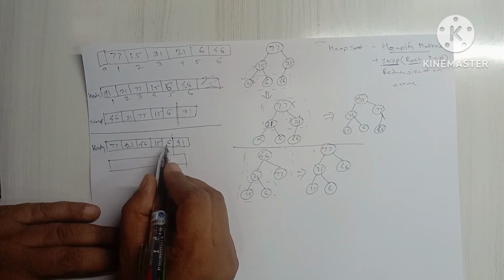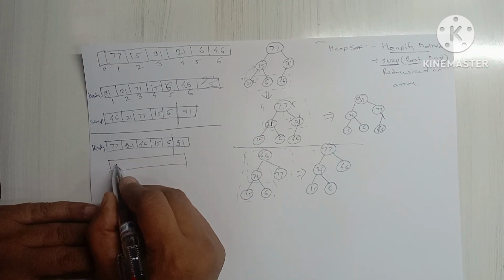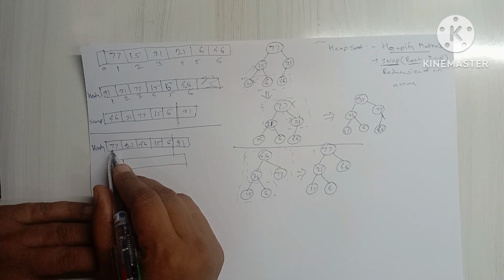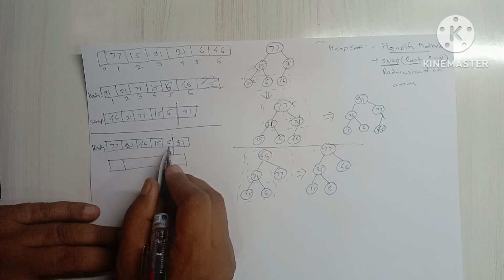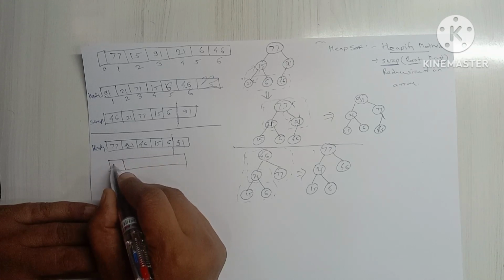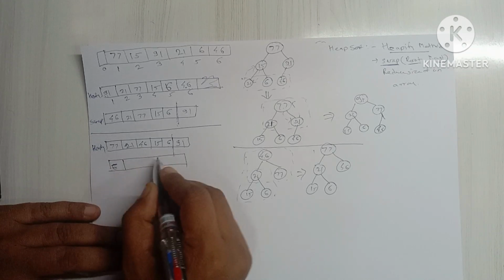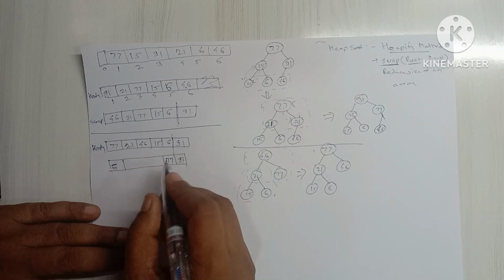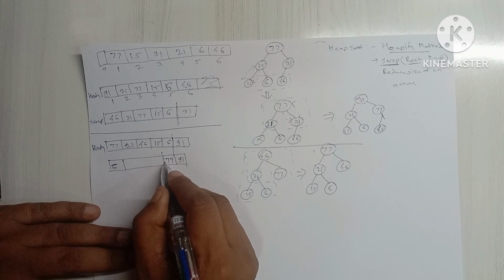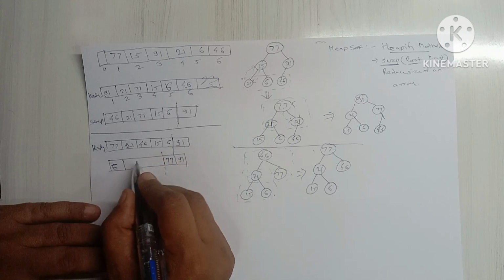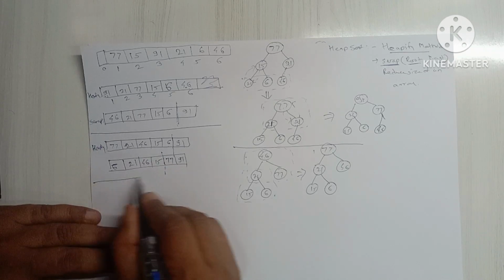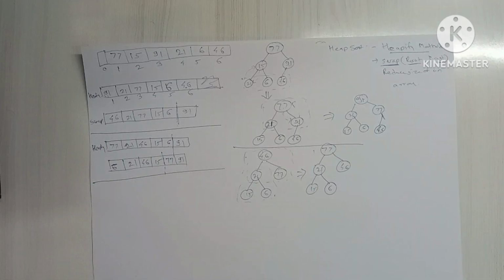So which element we need to swap? Last element with the root element we need to swap. We can say first element in the array. Okay, so here 6 will go here and 77 will come here and 91 here as it is. Okay, we will reduce the size of an array like this and remaining will be same as it is. Okay, so this is the second step.